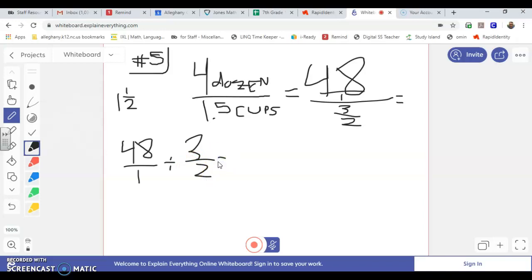And that, now, since we have it this way, we can change the sign, flip the fraction, or invert the fraction. So I've got 48 over 1. Change the sign, opposite operation. We were division, now we're multiplication. Flip my fraction. Okay, so 48 times 2 should give you 96.